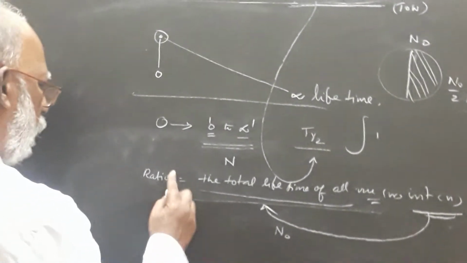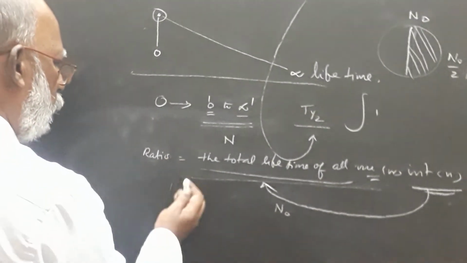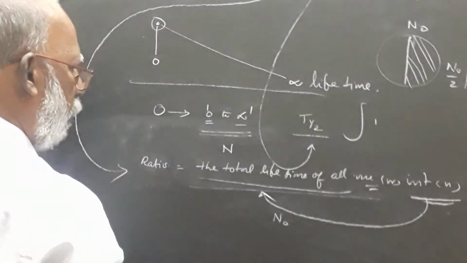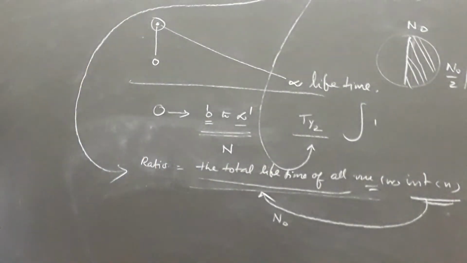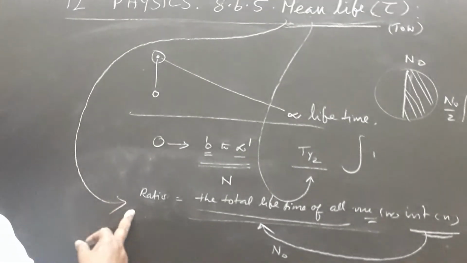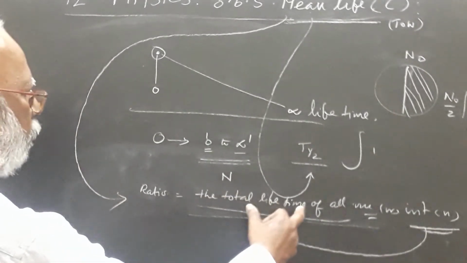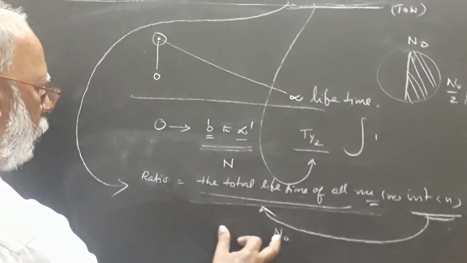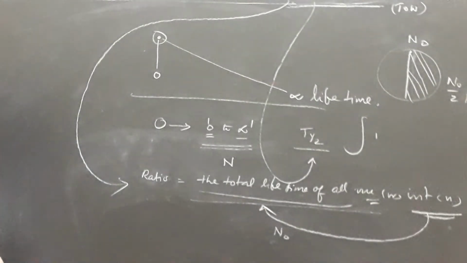This is called a ratio, and it is called mean life. Mean life is the ratio between the total lifetime of all nuclei and the initial number of nuclei. That's what we are going to derive an expression for.